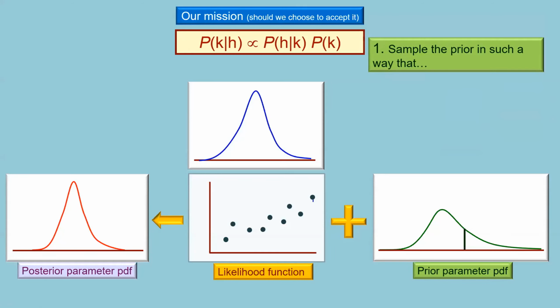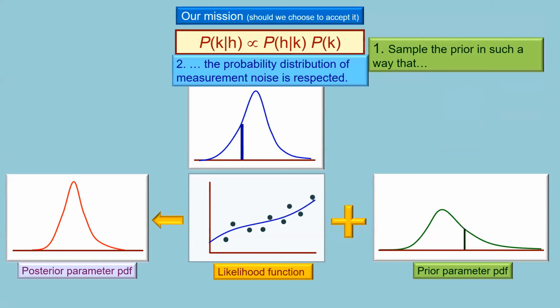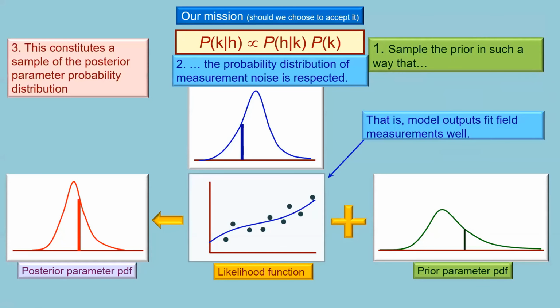Now, we've got to do this in a special way. We have to sample the prior in such a way that when we run the model, we get a good model to measurement fit, with the metric being the likelihood function. And by doing that, we've sampled the posterior.